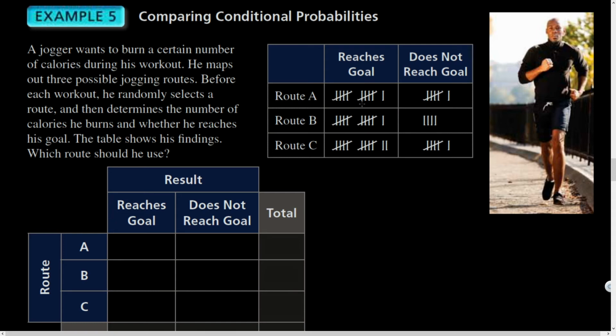I'm going to convert these tally marks. So 5, 10, 11. This is 6. This is 11. This one's 12. This one's 4 by the looks of it. And that one's 6.